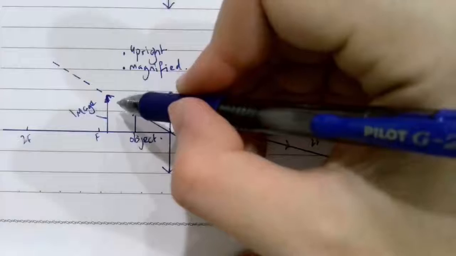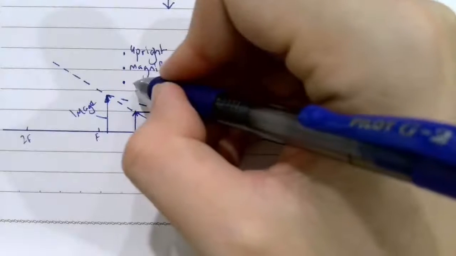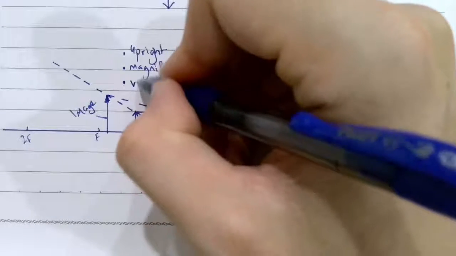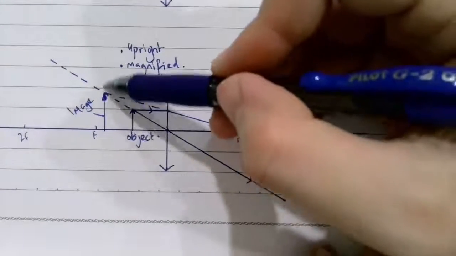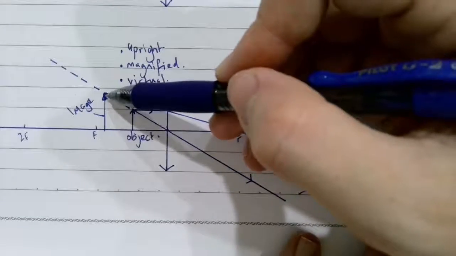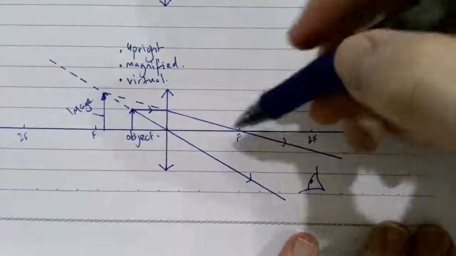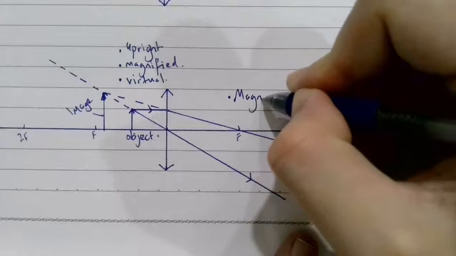However, these rays are not actual rays of light, so we say that it is a virtual image. And what that means as well is that if I was to place a piece of paper here, I wouldn't be able to see the image projected onto the piece of paper.